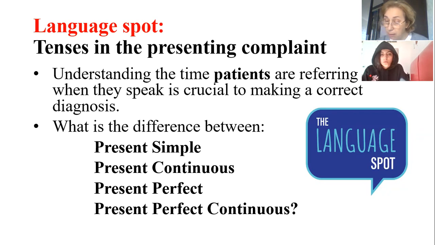Zaina, what do you remember? I think the present perfect is talking about a past event, but it has some present consequences. For example, I have lived in this house since I was 4. Yes, it's correct. It is used to speak about events that started in the past, but why is it called present perfect?